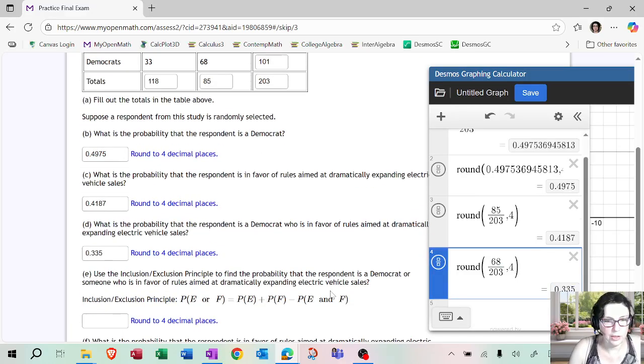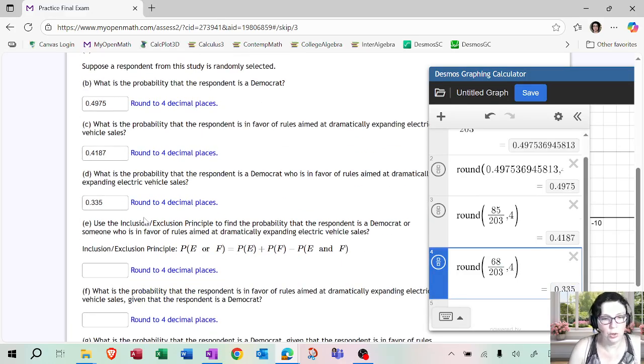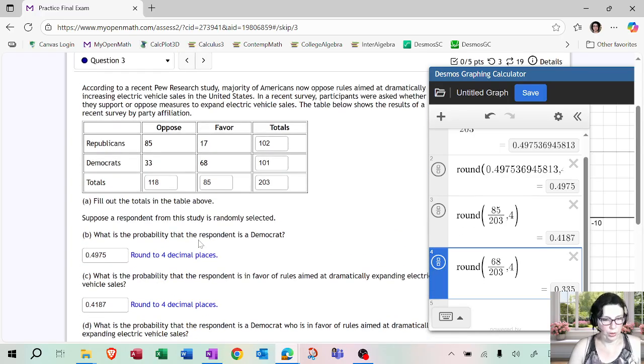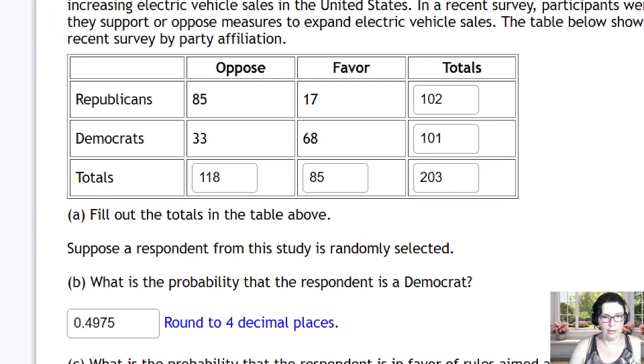All right, the next question is what we call the inclusion-exclusion principle. We're asking, what's the chance that someone is a Democrat or somebody who is in favor? Here we can do two things. First, you can look in the table at Democrats, which would be these, and also people who are in favor. The 68 we already counted, so we're not going to double count.